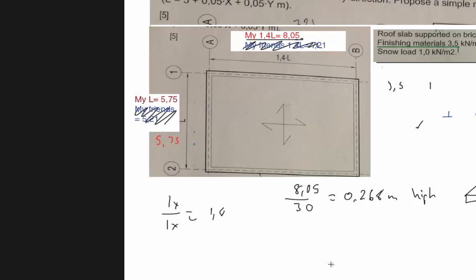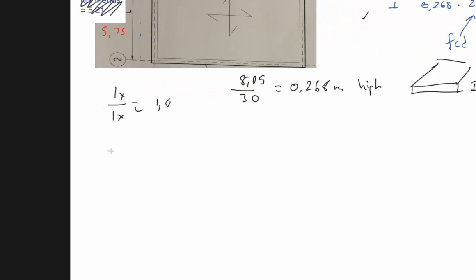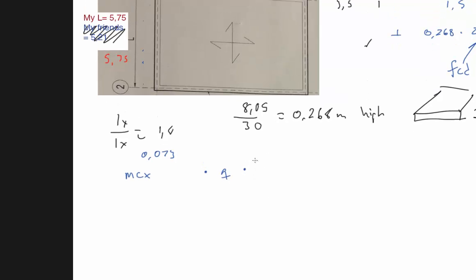And then we have this MCX, so 0.073 times the Q times the length y squared. Get one value, and the value will be the same for the y.